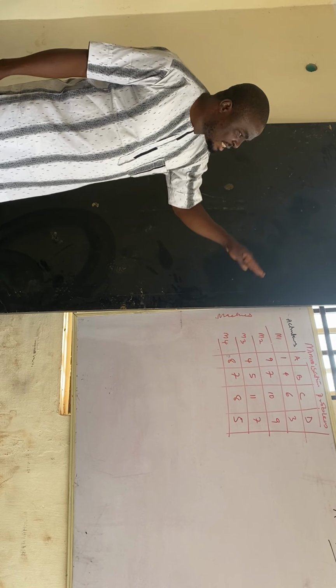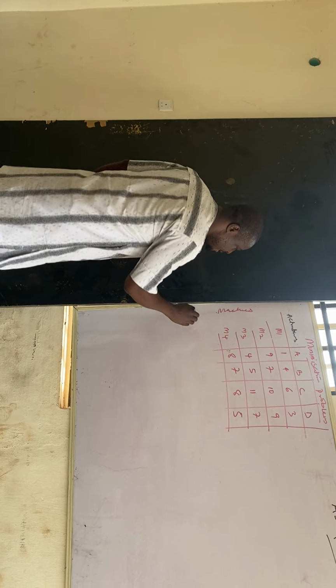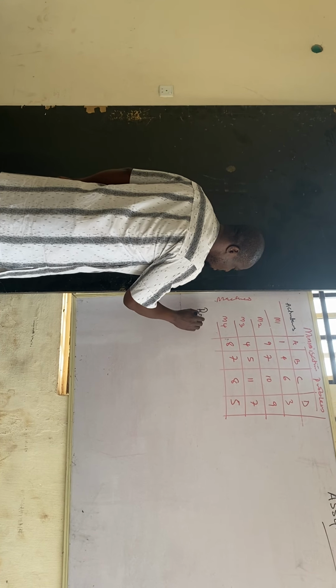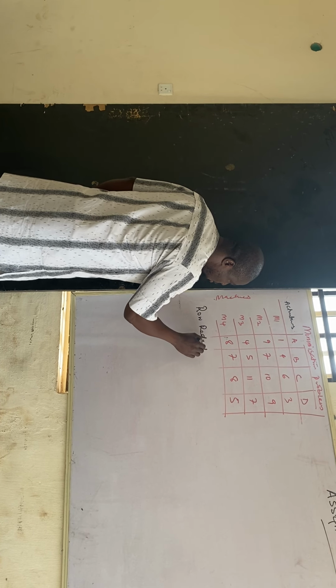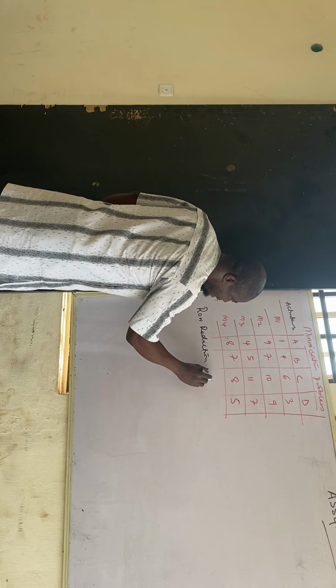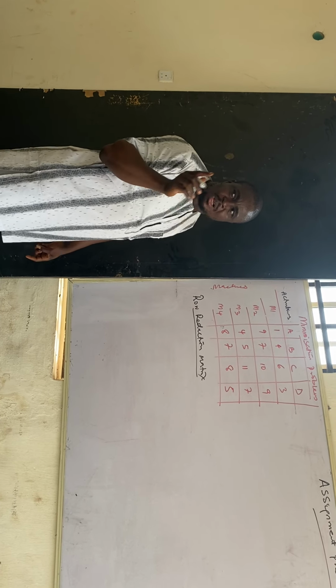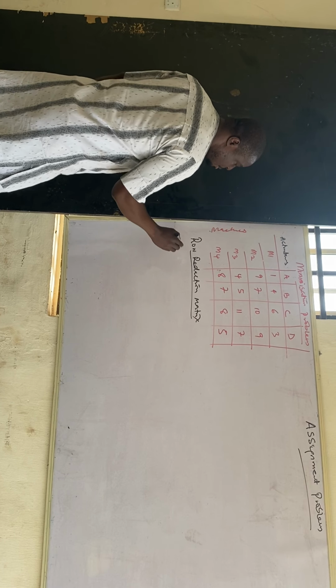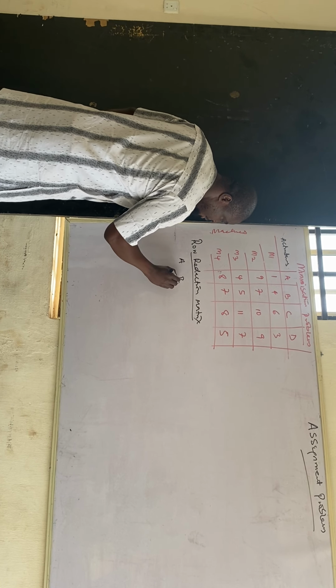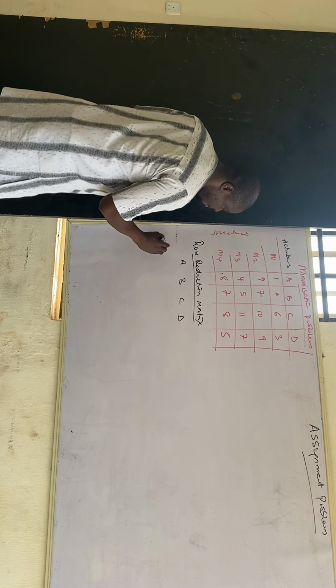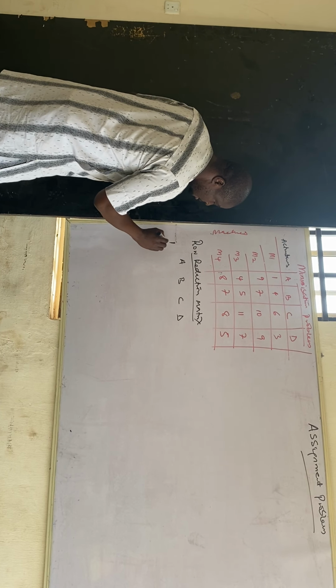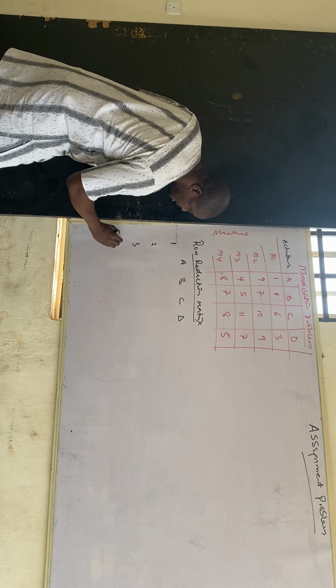To solve a minimization problem, the very first step is to develop a row reduction matrix. That's the first step. This is how to solve a minimization problem. When we get to maximization, I will tell you. A row reduction matrix means you have A, B, C, and D here, and 1, 2, 3, and 4.